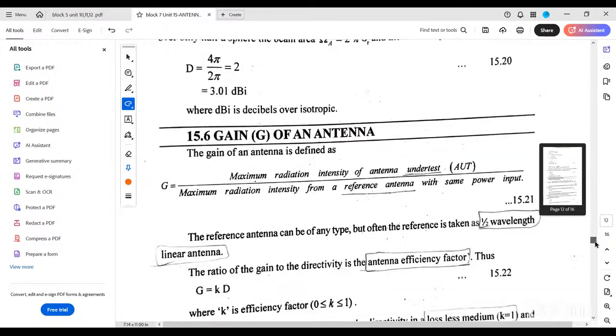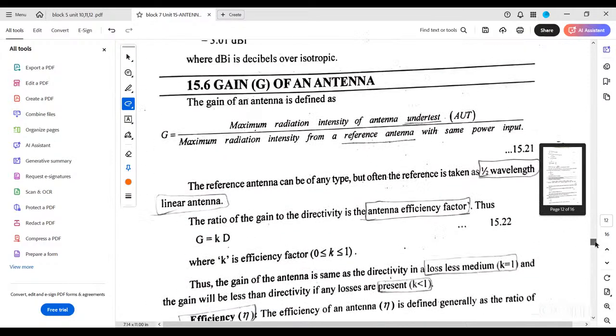Gain of the antenna, children. This is a previous year short question.